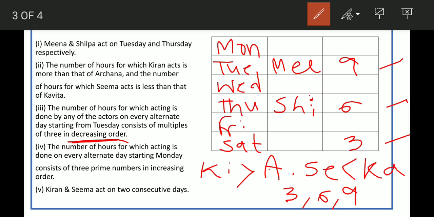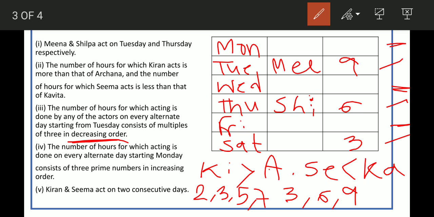Now the next condition is that the number of hours for which acting is done on every alternate day starting from Monday, that is Monday, Wednesday and Friday, are 3 prime numbers in increasing order. So prime numbers between 1 and 10 are 2, 3, 5, 7.